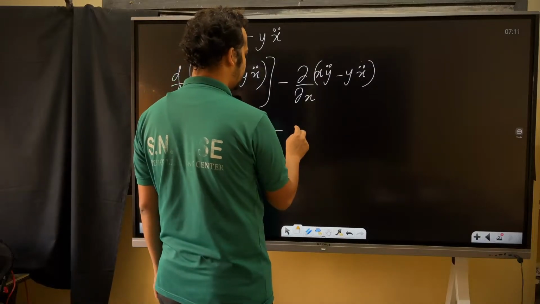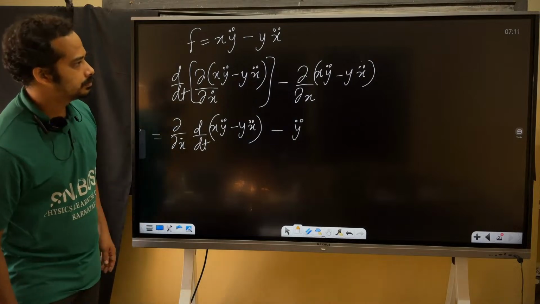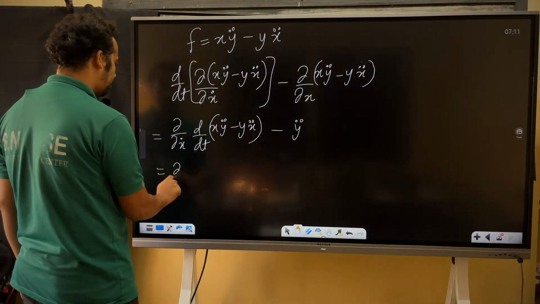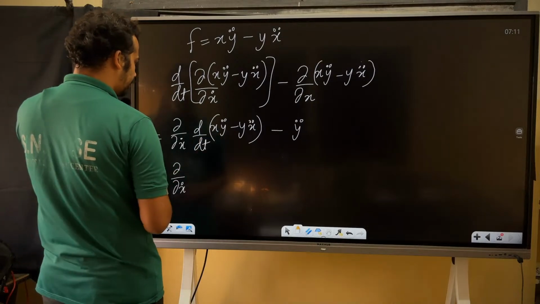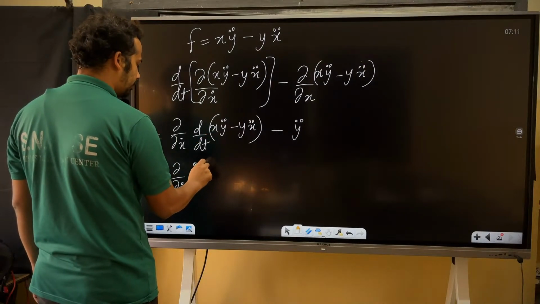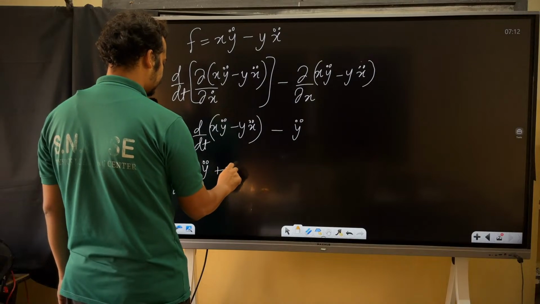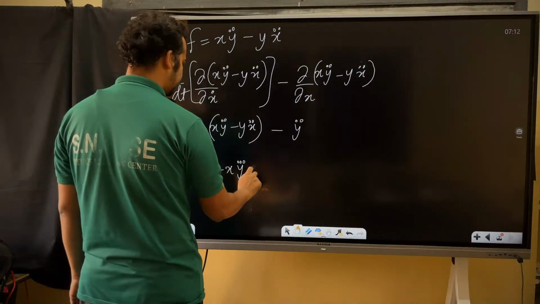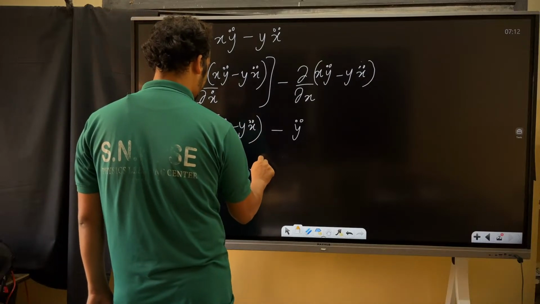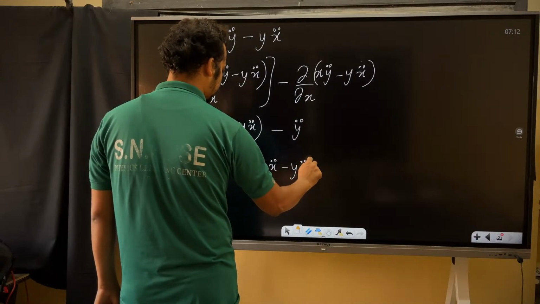What is this? This is simply ÿ. The partial derivative with respect to x gives minus ÿ. So this will be ∂/∂ẋ of: if you take the derivative, ẋÿ as it is, plus x as it is, y triple dot, minus ẏẍ minus y x triple dot.